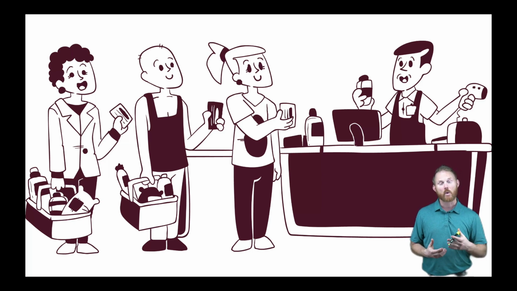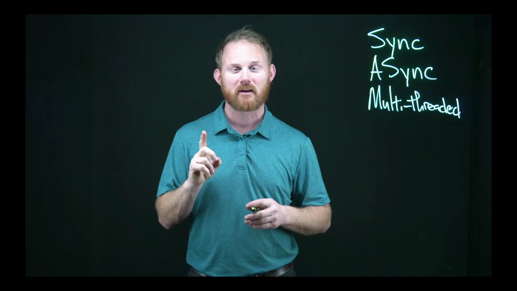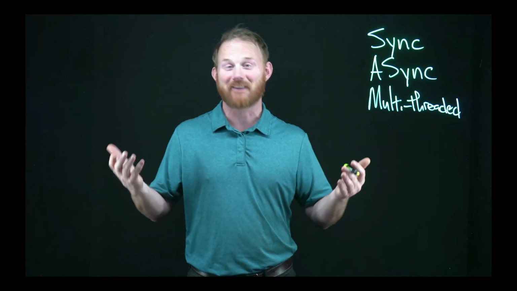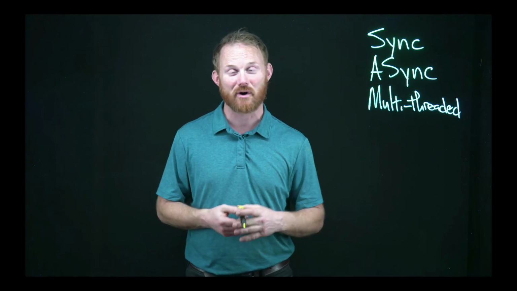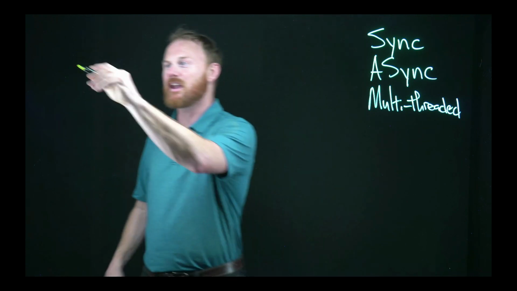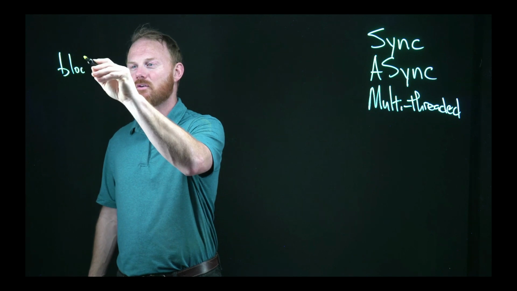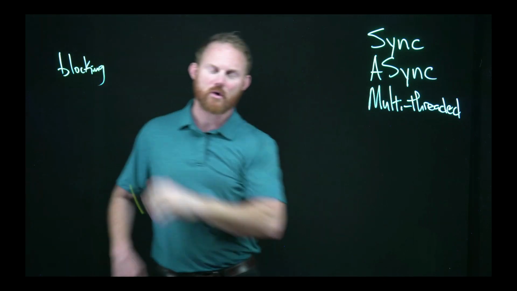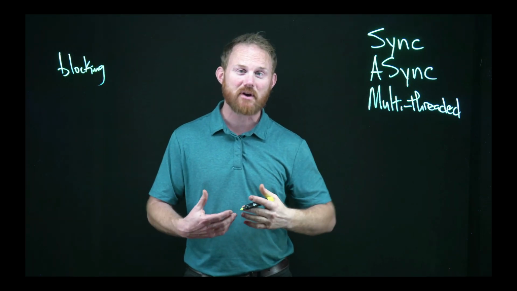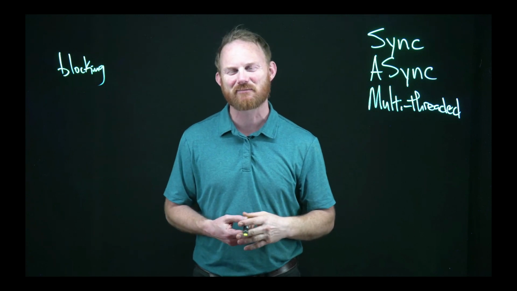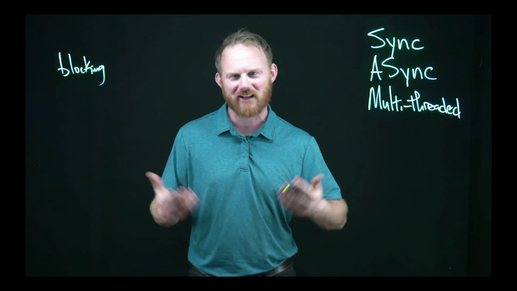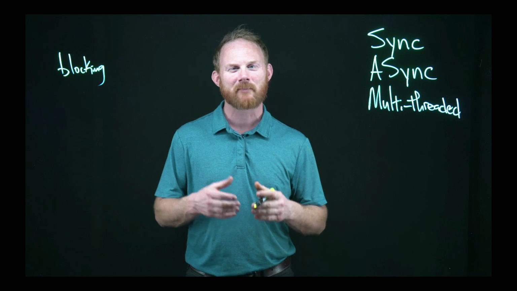Synchronous programming is going to work exactly like this, where we have a single line, and however many people are in it, you have to wait your turn. Blocking is the word that we use for your code. It is blocking in this case because maybe you've been in this situation before. The analogy breaks down a little bit at some point, but you'll get the idea.